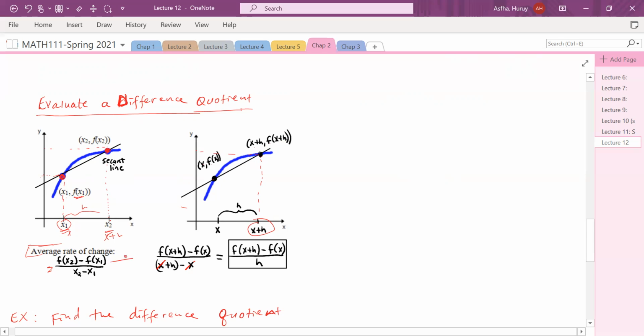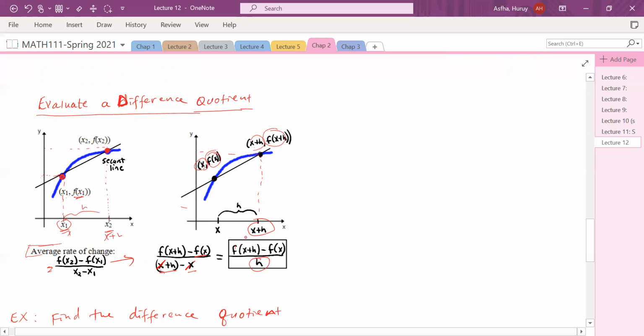Now applying this formula, we get f of x plus h, the y value, minus f of x, over x plus h minus x. Now this x and x, this is positive, this is negative, so they cancel each other. Therefore, we have this number, okay?